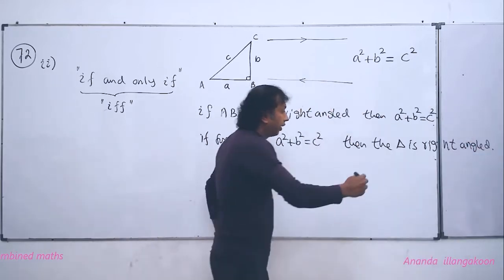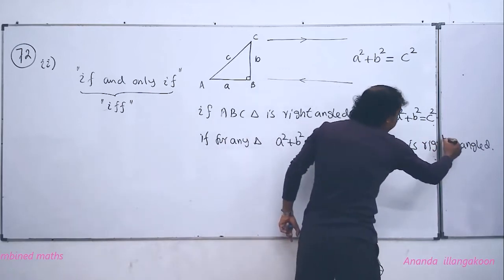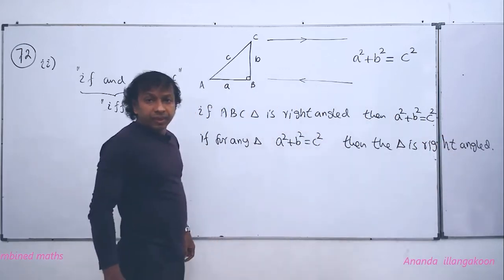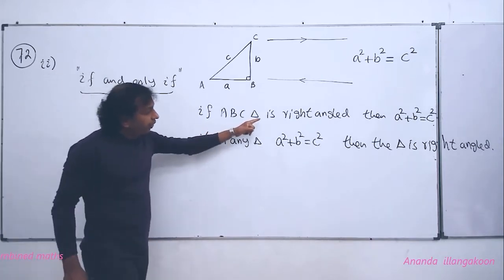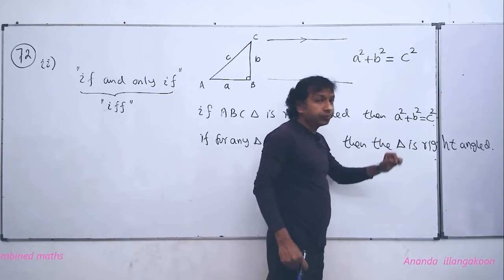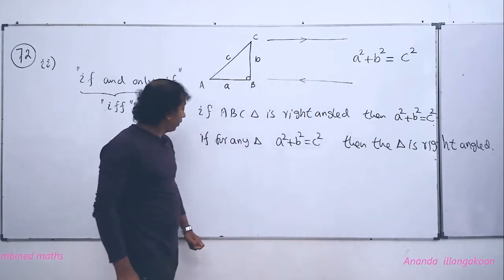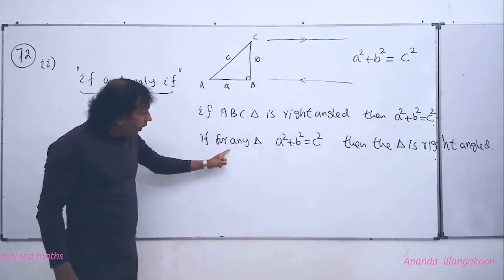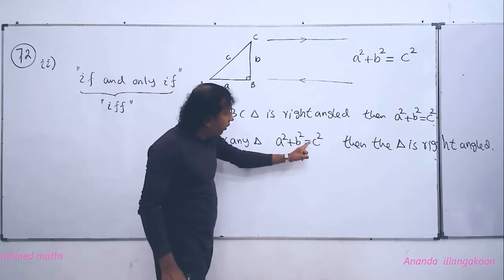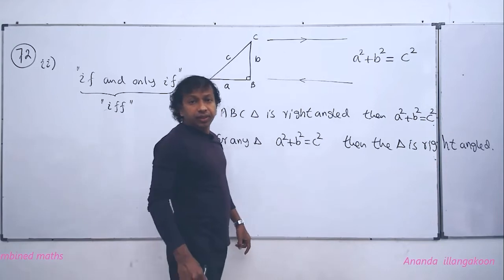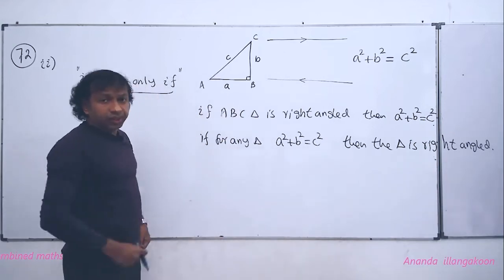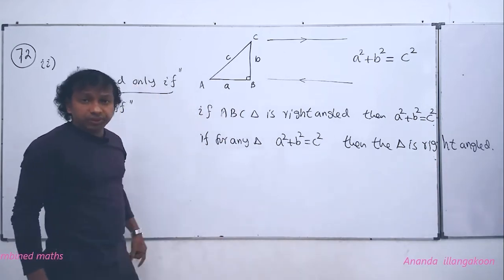Firstly, if triangle ABC is right angle, then this is true. Secondly, if for any triangle a squared plus b squared equals c squared, then the triangle is right angle. See, the forward result and backward result I wrote this way by two statements.